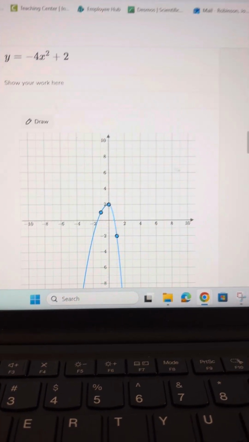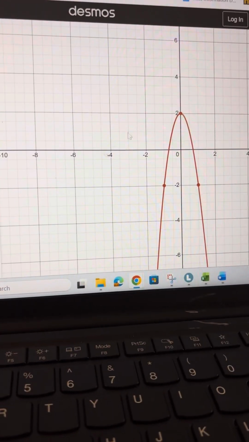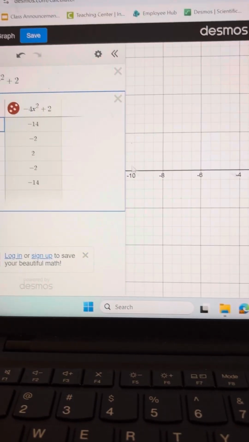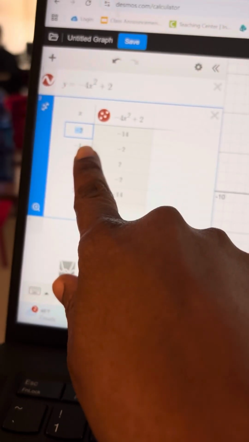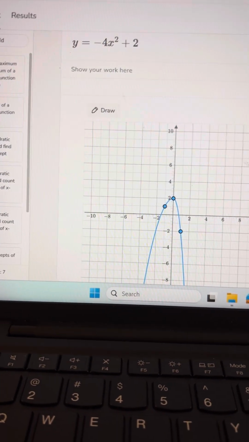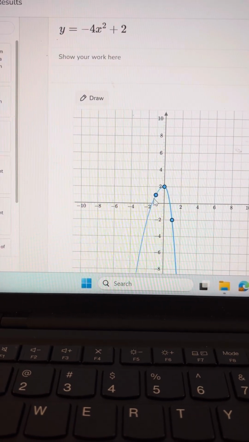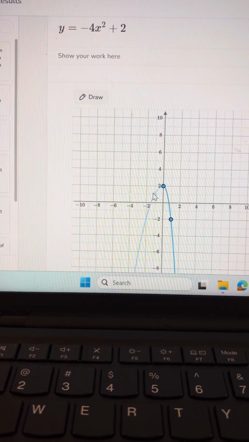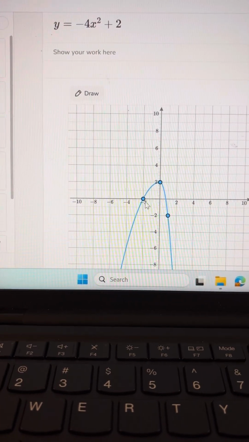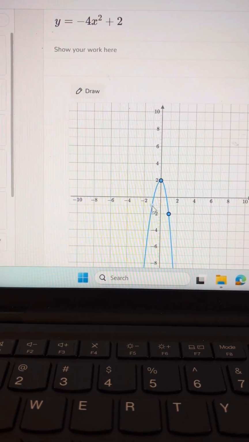And then I have a third point that I need to graph, which is (-1, -2). I drag that one to about here. Ooh, that's wrong. (-1, -2).